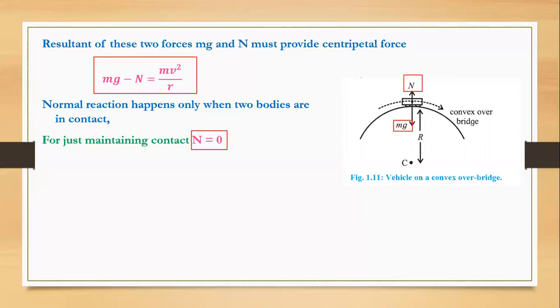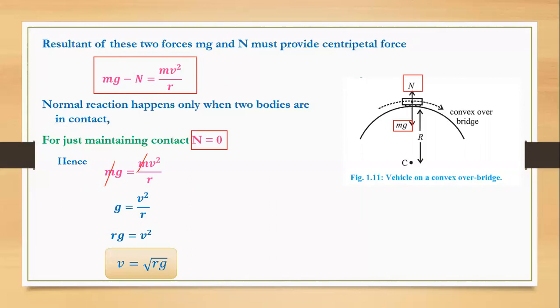Now let me substitute normal reaction zero in the formula. We get mg is equal to mv square by r. Now m gets cancelled. We get g is equal to v square by r, so we can write rg is equal to v square.